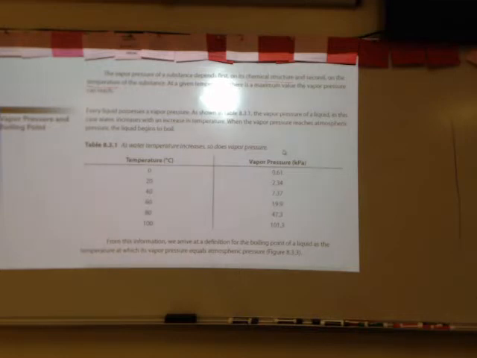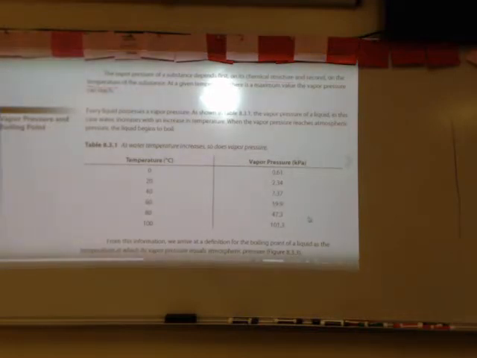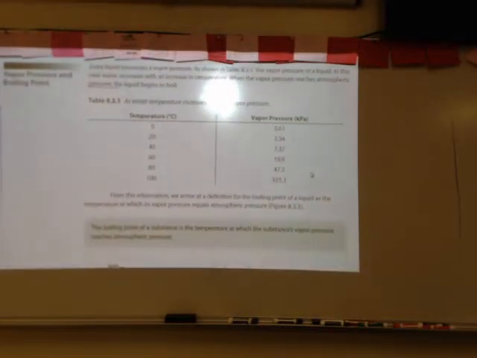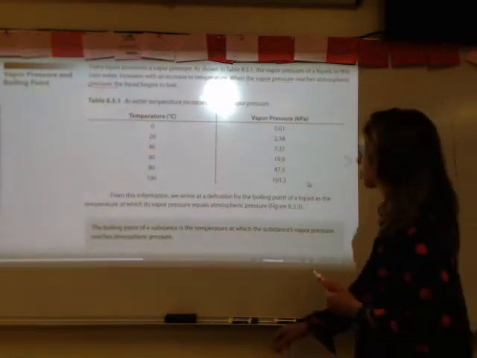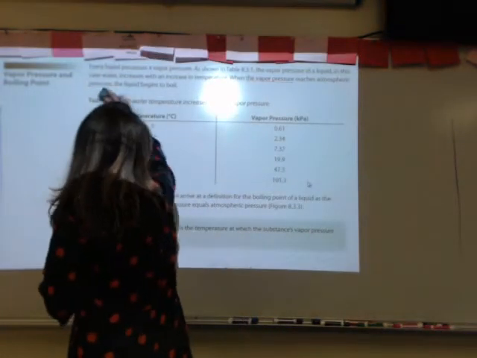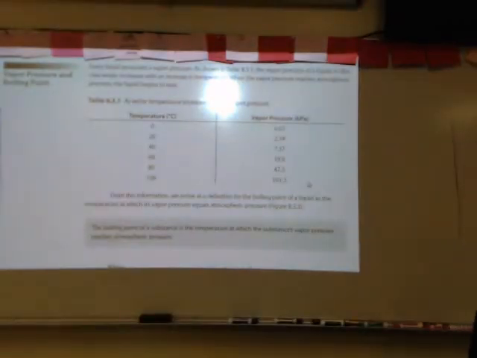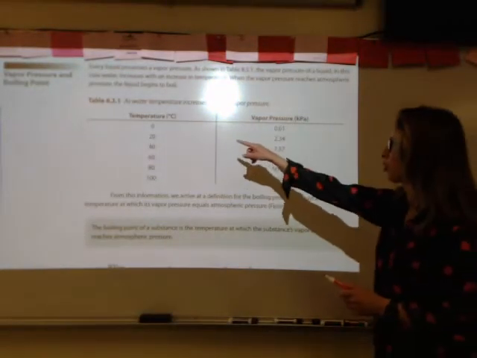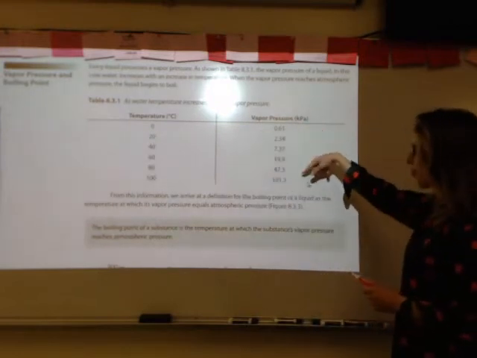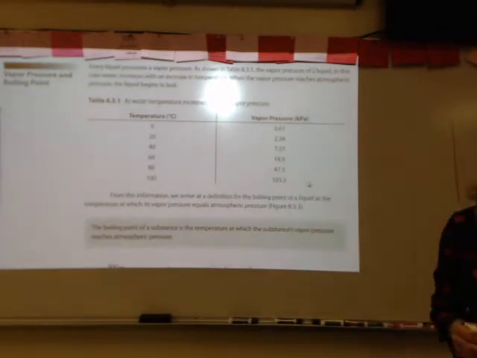And every single liquid has a vapor pressure. Here you'll see in this table that we have the vapor pressure in kilopascals at various temperatures for water. You'll notice as my temperature is increasing, as I go down, the vapor pressures are also increasing.